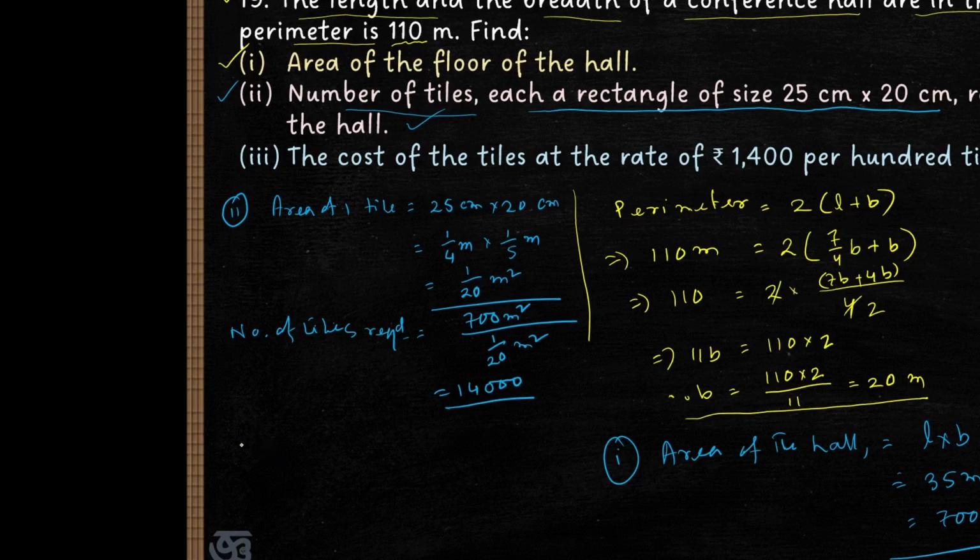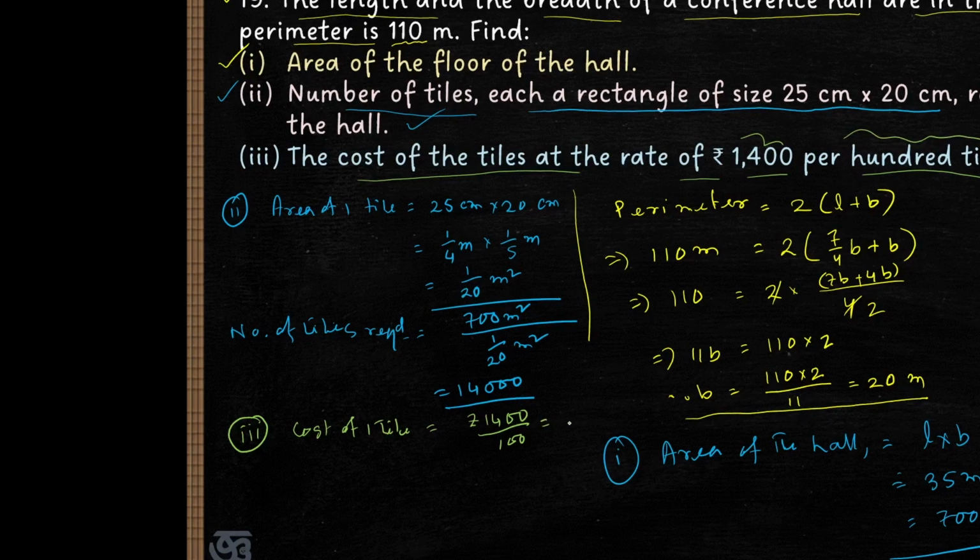Okay, if that is so, now we can find out question number 3: the cost of the tiles at the rate of rupees 1400 per 100 tiles. The cost of one tile is equal to rupees 1400 divided by 100, because this cost is 1400 per 100 tiles.